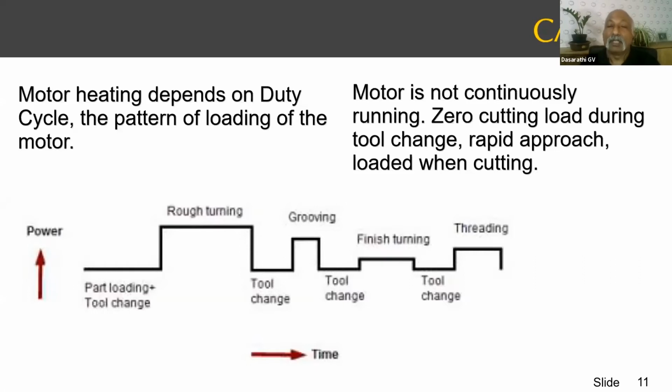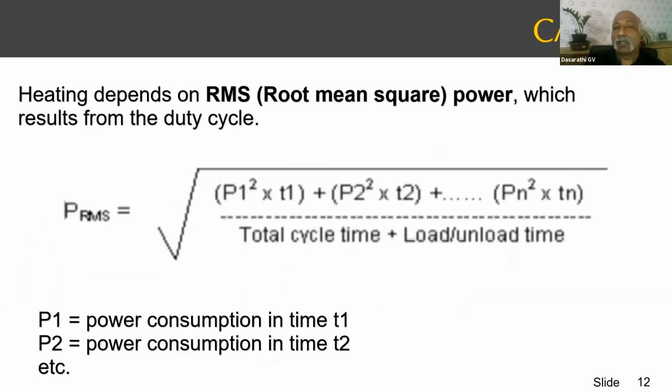And there are intermittent zero load situations where there's a tool change, or there's a rapid motion where load is minimal. The motor is only rotating, there's no cutting load, right? This is called the duty cycle of the motor. Now, heating depends on the duty cycle.